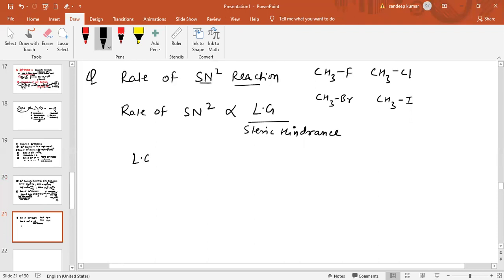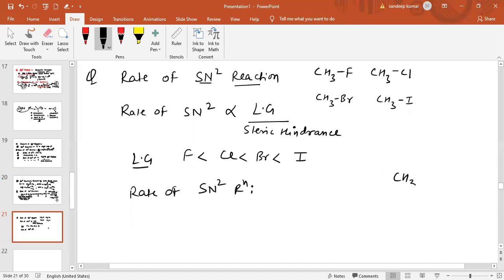We know which is the better leaving group. Iodine is a better leaving group and F is a poor leaving group. So I, then Br, then Cl. This is the order of leaving group ability. So the rate of SN2 reaction is fastest in the case of CH3I and slowest in the case of CH3F.